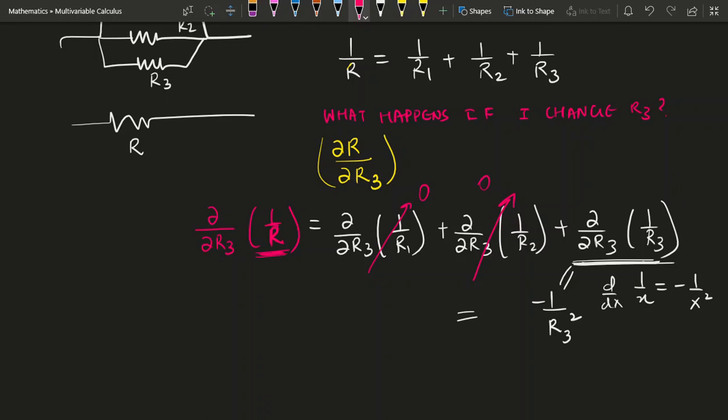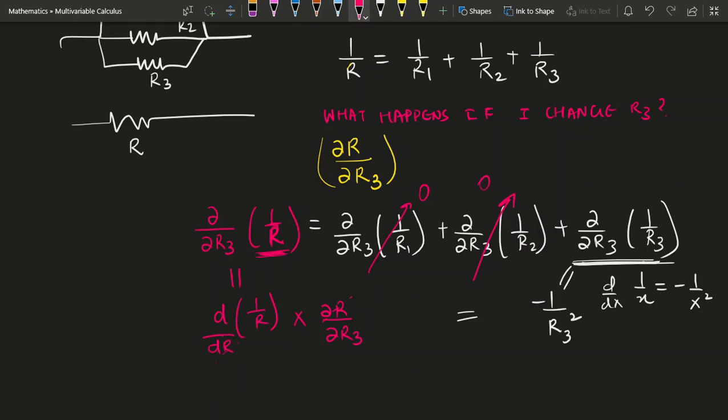What you can do is you can write this as d over dR of 1 over R times del R over del R3. So basically it's just like canceling out these dRs, though it's not accurate to say like that, but you can remember it like that, and we will get to chain rule for multivariable functions as well.